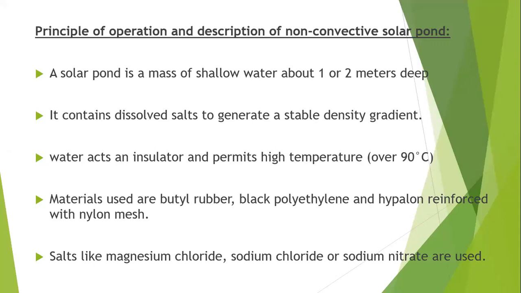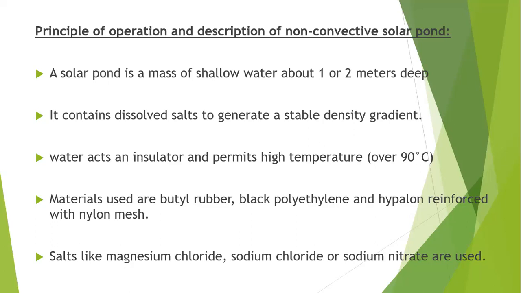We can avoid the convection losses here. Only conduction losses are there, but these are negligible. Because of this low conductivity, the water acts as an insulator and has high temperatures. These high temperatures can be over 90 degrees Celsius, developed in the bottom layers.